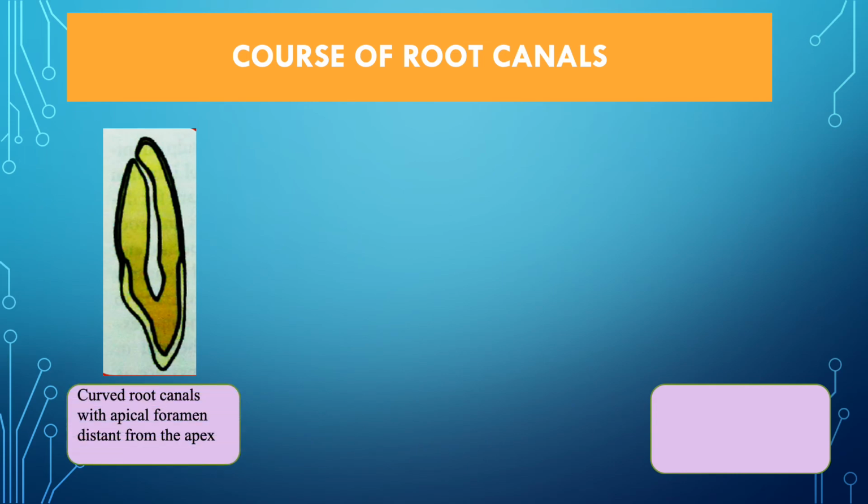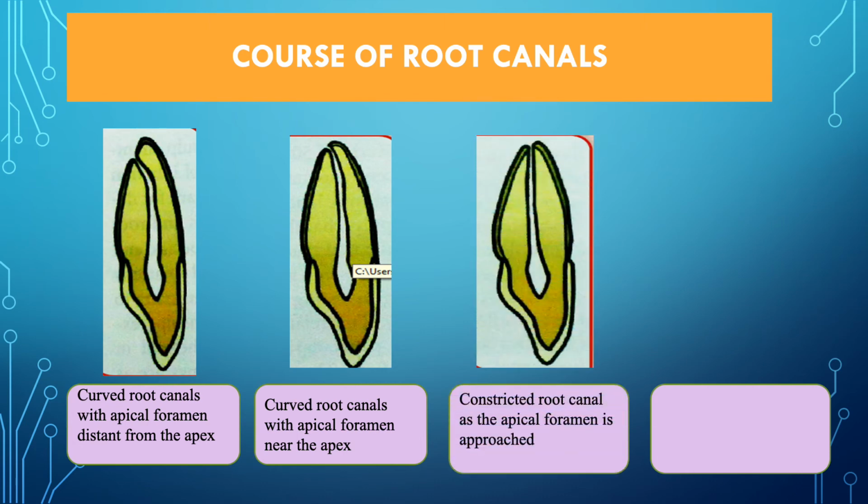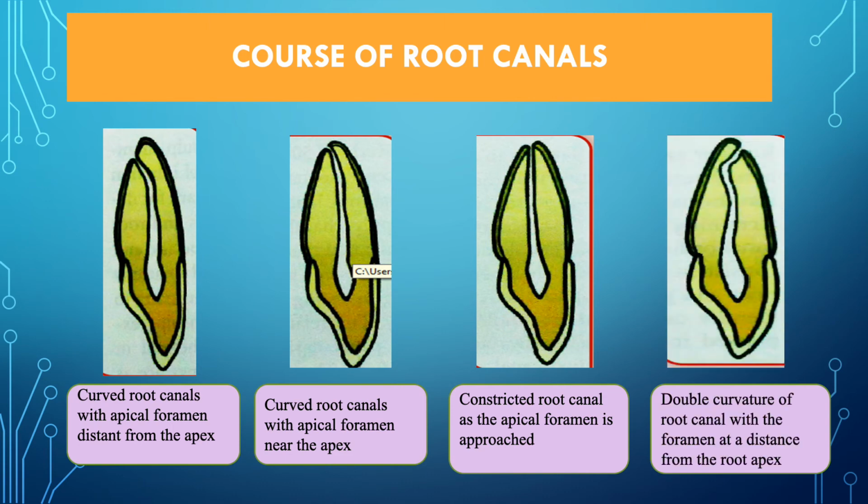One is a curved root canal with the apical foramen distant from the apex. Two is a curved root canal with the apical foramen near the apex. Three is a constricted root canal as the apical foramen is approached. And four is a double curvature of the root canal with the foramen at a distance from the root apex.